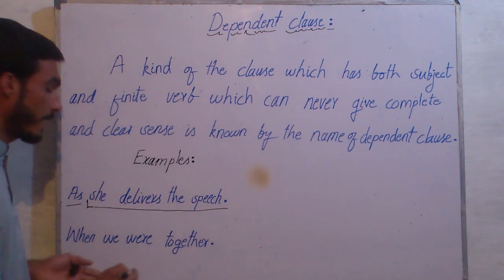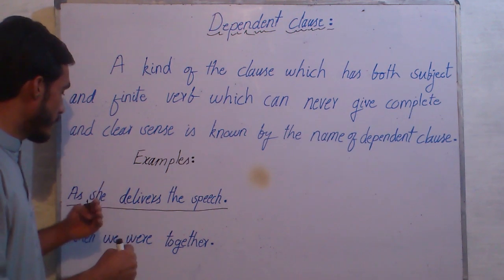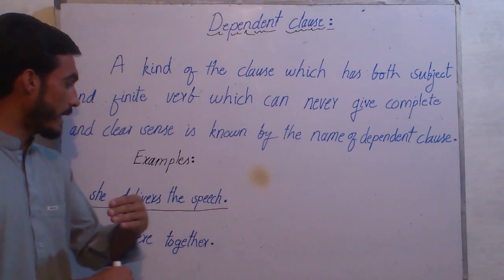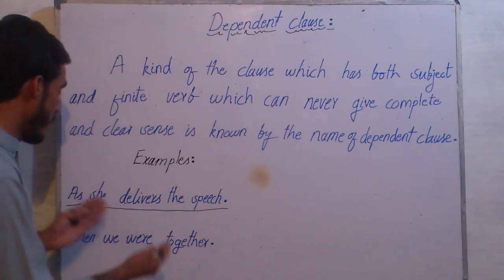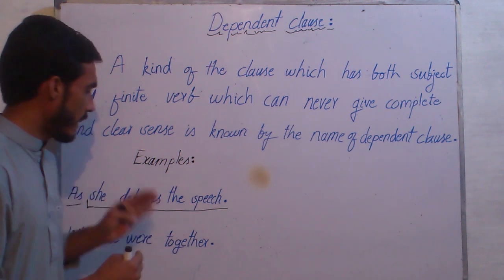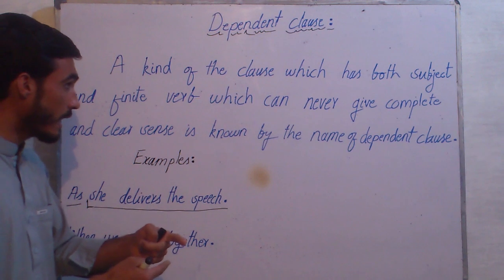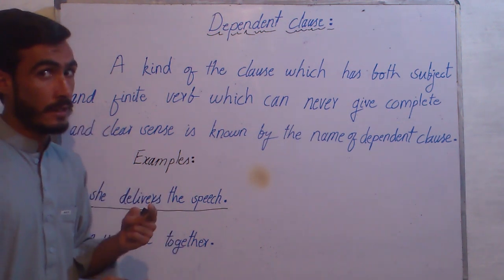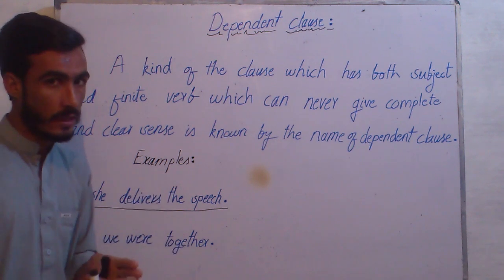When we connect a subordinating conjunction with the independent clause, then just this one is made a dependent clause, or you can say it is made a subordinate clause, because now it does not give clear and complete sense. Now it needs something else to be completed. And that something else is called the independent clause. The independent clause will now make this one complete as well.